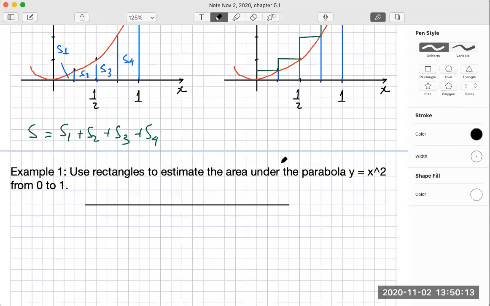And if we discretize the interval from 0 to 1 into small sub intervals, here, let me see.